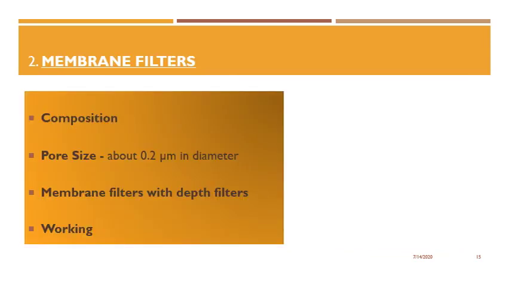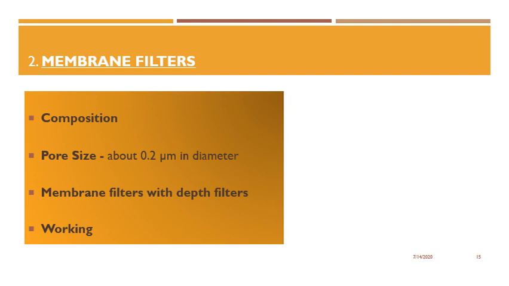And if we discuss membrane filters, the membrane filters have replaced depth filters for many purposes, because these circular filters are porous membranes, a little over 0.1 millimeter thick. If we discuss the composition, these are made of cellulose acetate, cellulose nitrate, polycarbonate or other synthetic materials.